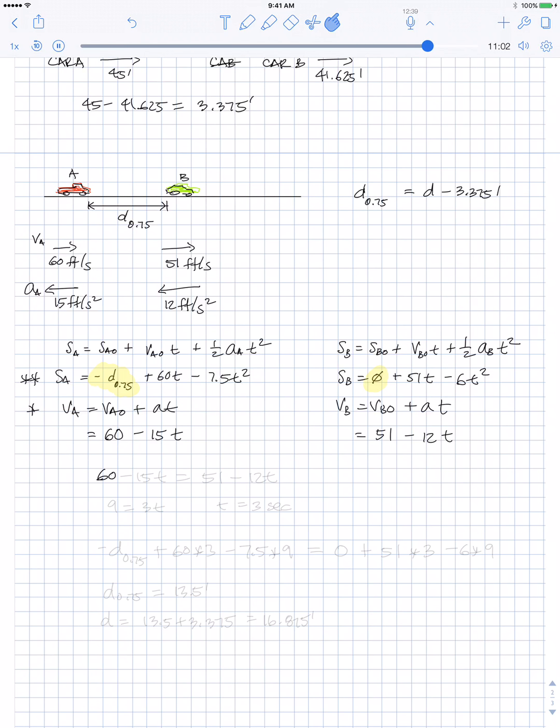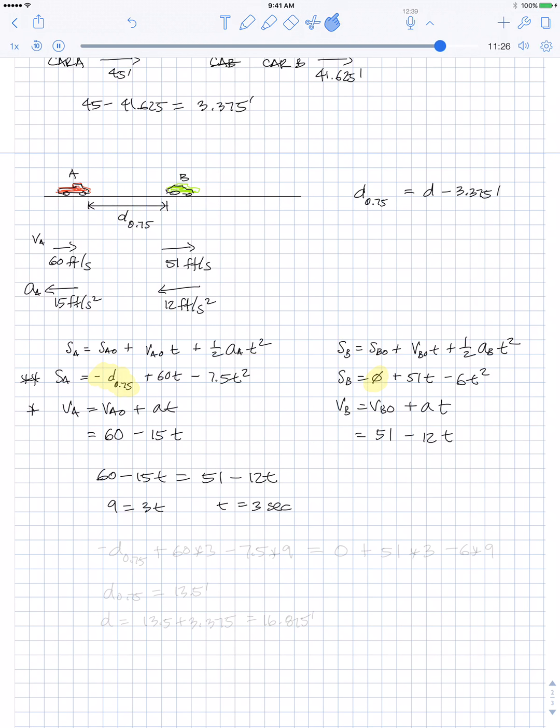Just before they hit, the velocities are the same, and that's probably the trickiest part of this problem. So 9 equals 3t, so 3 seconds. Okay, so at 3 seconds they'll be right on top of each other, at the same velocity.